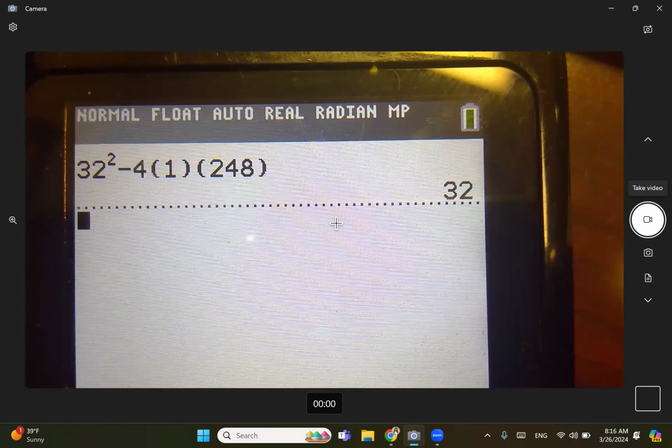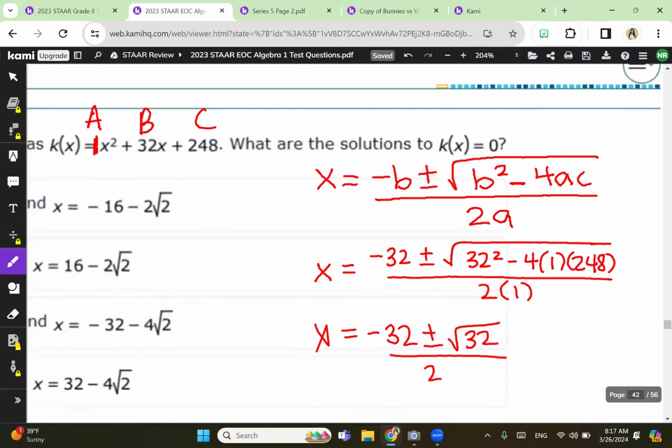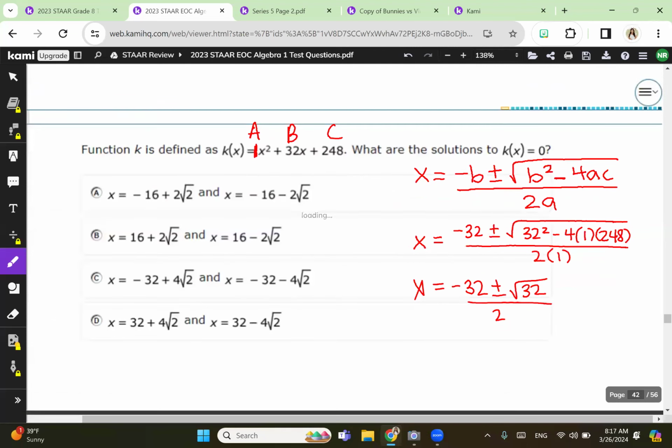So x equals negative 32 plus or minus the square root of 32 all over 2 times 1 is 2. Now, just based off of this much, actually, you can't eliminate any answers yet.